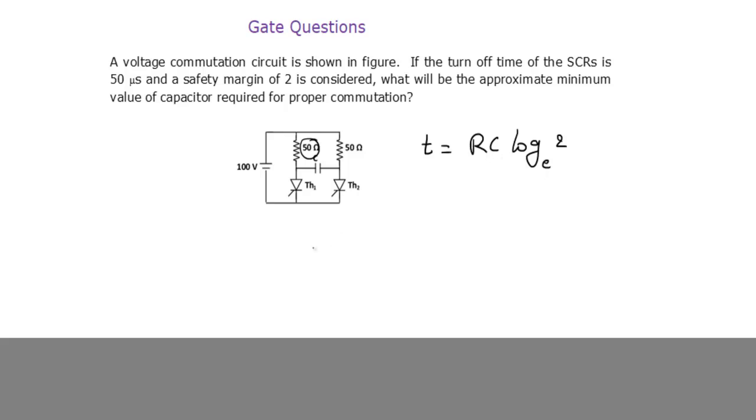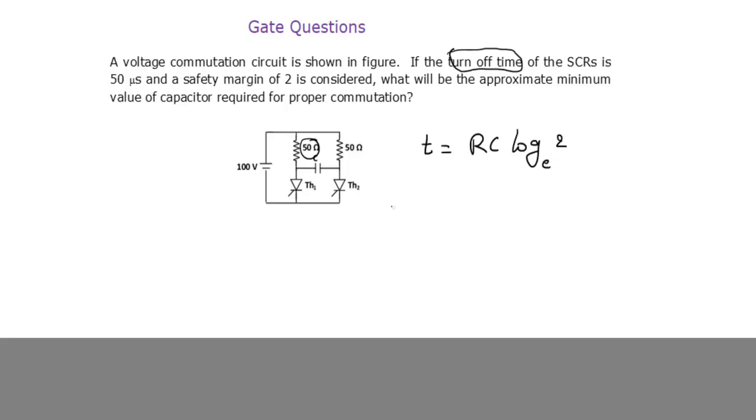But here one catch is there. The circuit turn-off time and the turn-off time of the thyristor are different. Both are not the same. Remember, circuit turn-off time is the time in which the thyristor is reverse biased by the commutation circuit. Turn-off time of the thyristor is the time taken by the thyristor to stop conduction once the commutation has started.